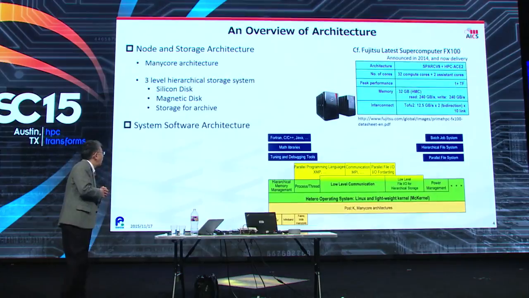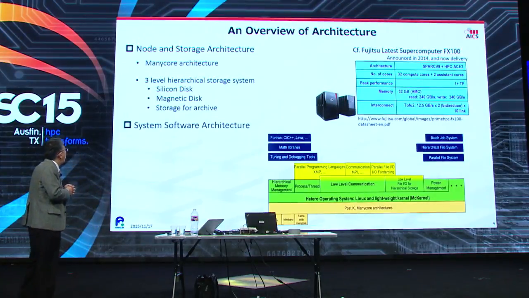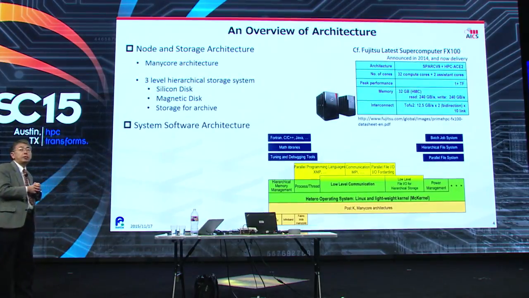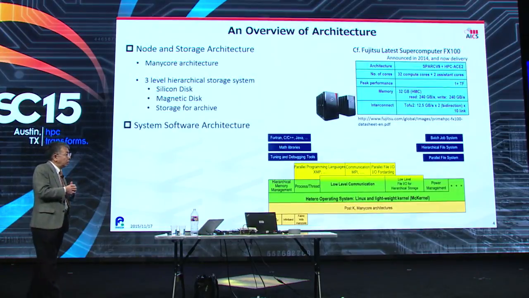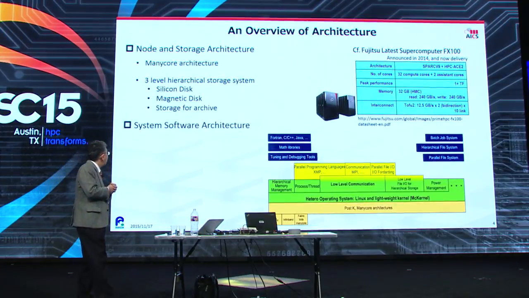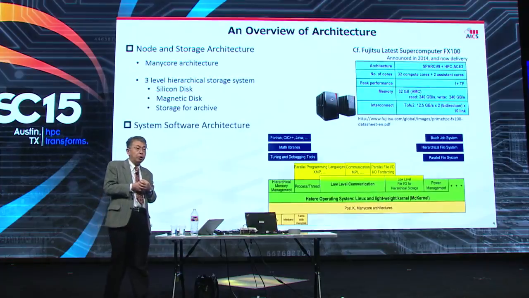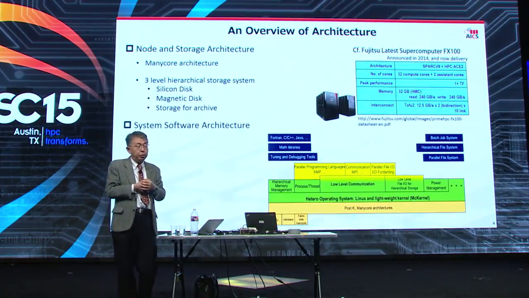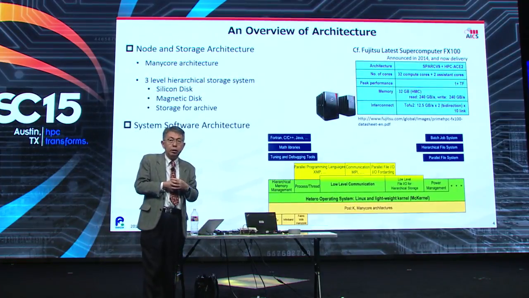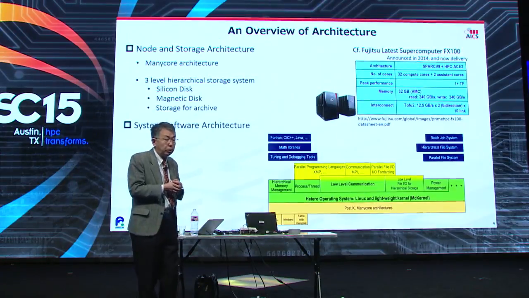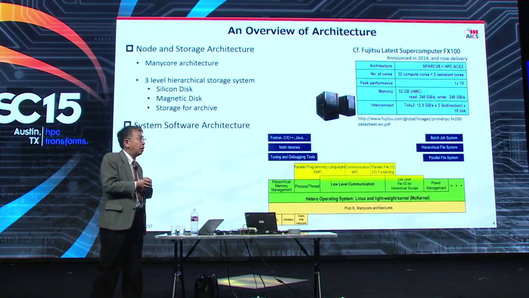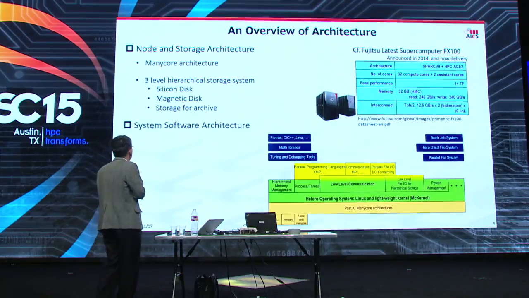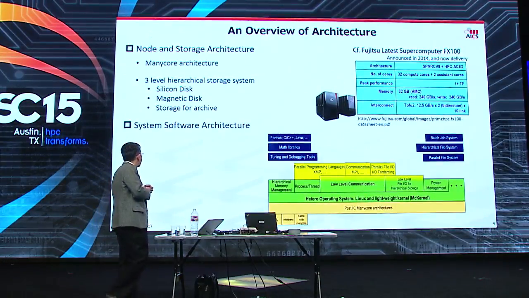The post-K will also be a manycore architecture. And for the storage system, we are now planning to provide a 3-level hierarchical storage system: silicon disk, magnetic disk, and storage for archive.